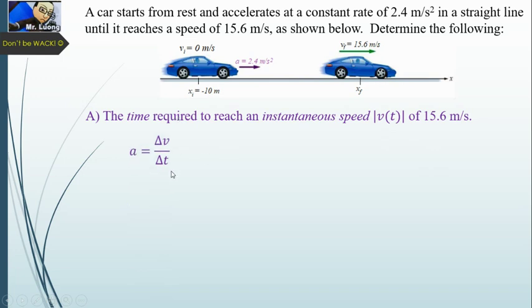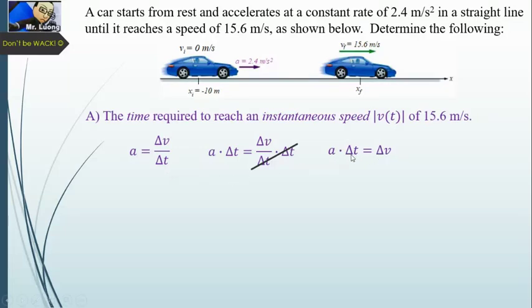In order to find time, I would first, for this part, start with the average acceleration function. What's the change in velocity over the change in time? But it asks for time, so let's go ahead and get delta t by itself first. So algebraically, in order to get t in the numerator, it's important to multiply both sides by delta t. And then the delta t's on the right side of the equation will cancel out, and that'll leave you with a times delta t is equal to change in v.